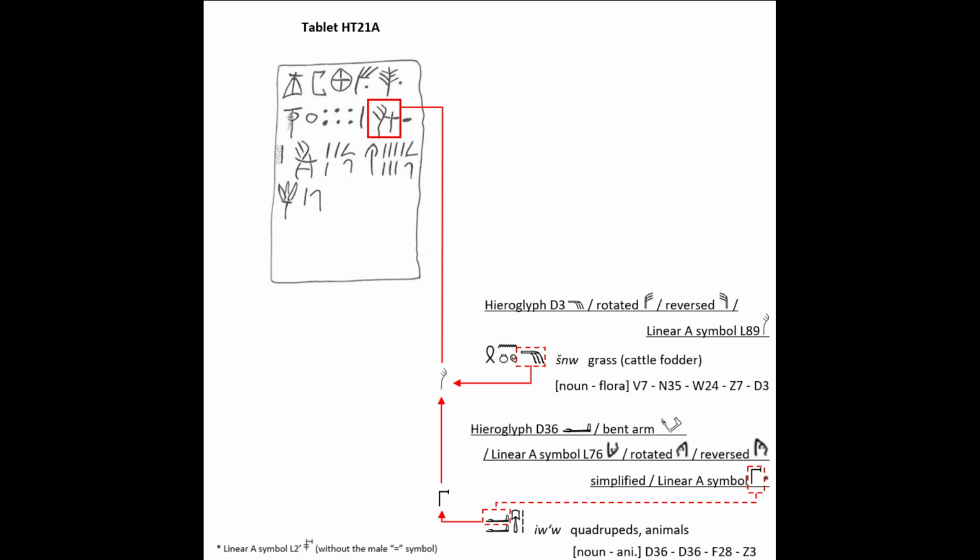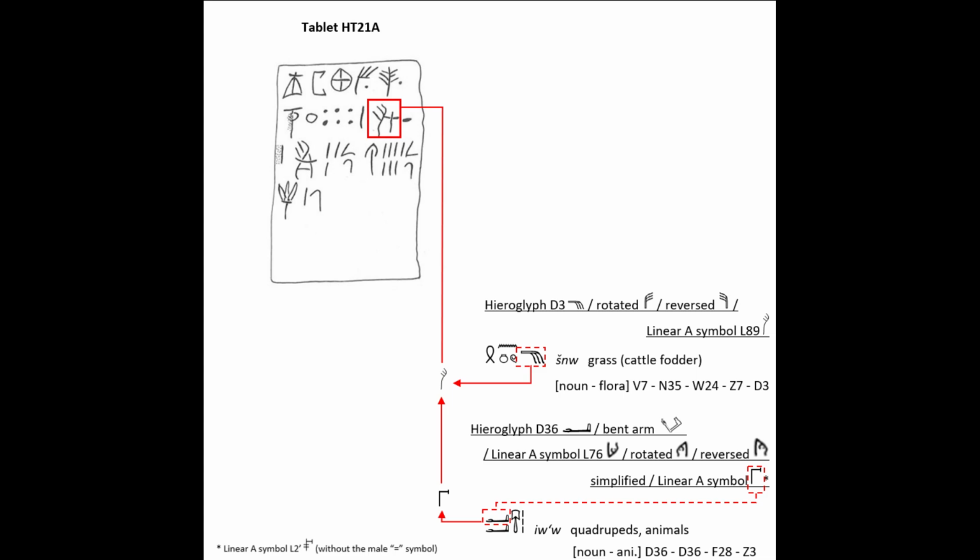As we saw in our last video, hieroglyphs are frequently compressed horizontally so that they take up less room in linear A. So here, the arm is bent, and it is then rotated and then simplified to become the linear A symbol that represents it, this mirrored capital L.